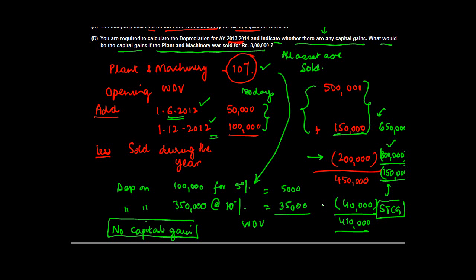You can just go and have a look at that video again, which is titled Short-Term Capital Gain on Depreciable Assets. On a going forward basis also, even though there are these plant and machinery which might be forming part of the block, no depreciation will be allowed. Why? Because the entire value of the block has been exhausted, right?